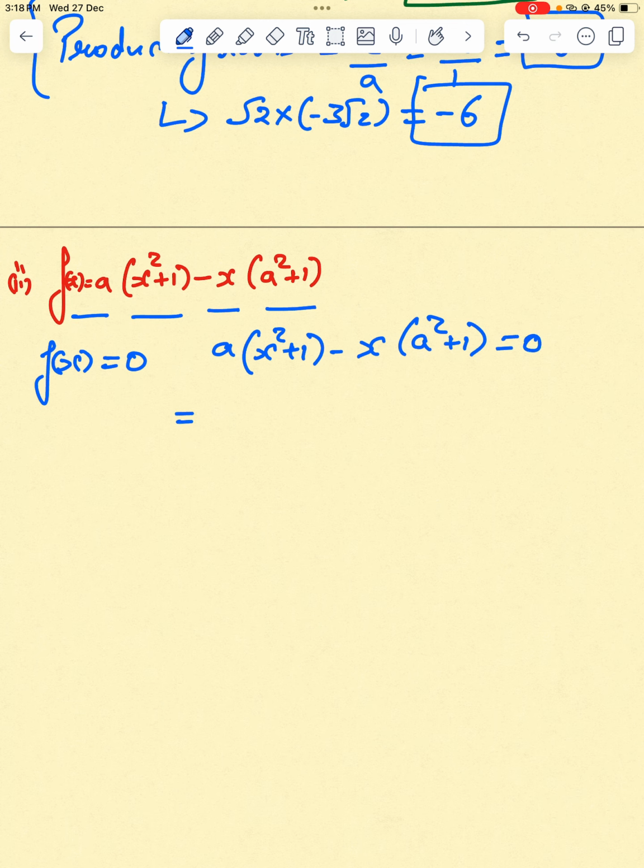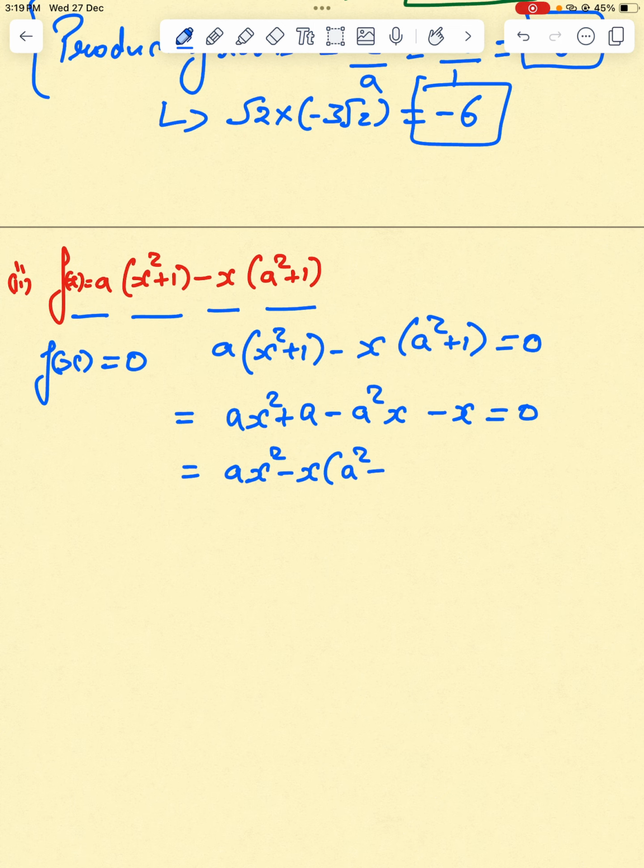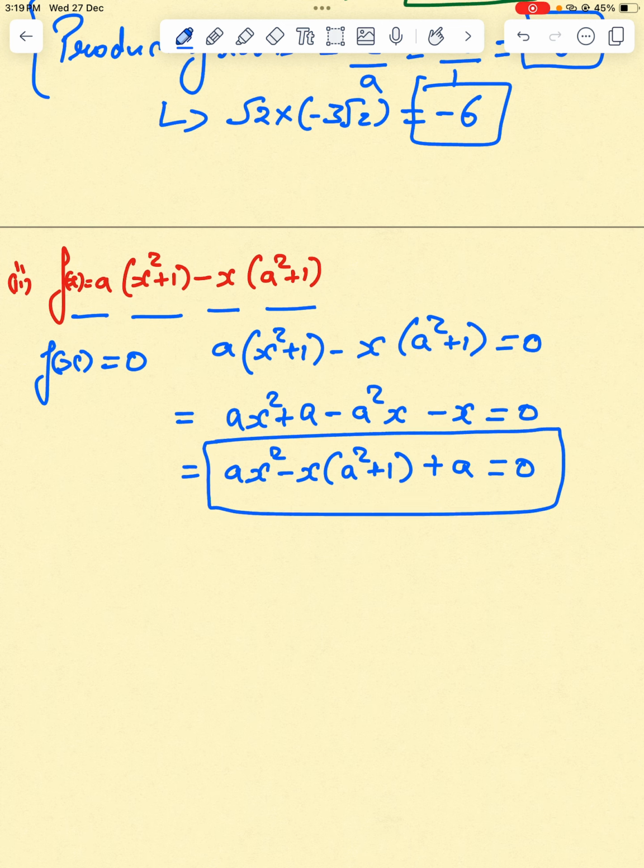Now open up the bracket: ax square plus a minus a square x minus x is equal to 0. So arrange the terms like this. I'm getting ax square, and get the x term common, that is minus (a square plus 1) x plus a. So a is constant in the equation. So this is the equation we are getting.